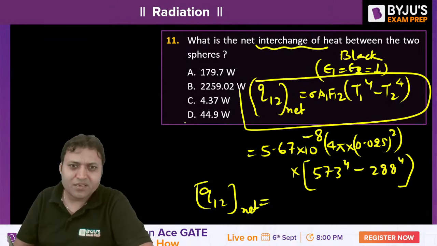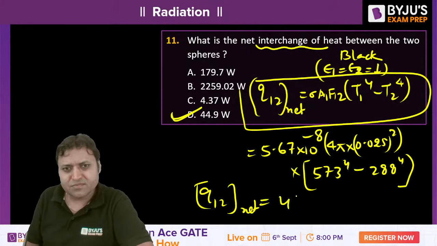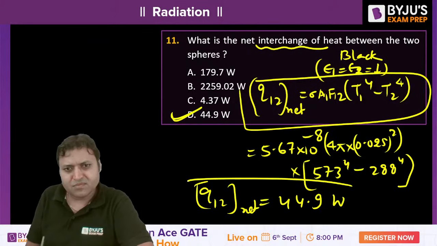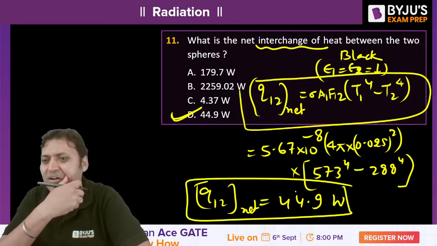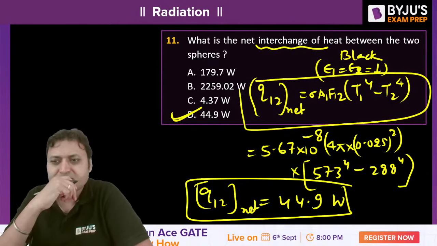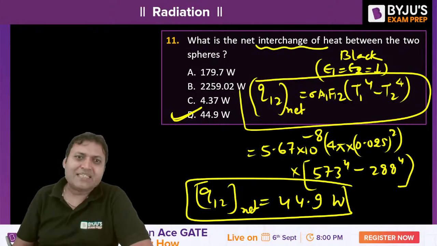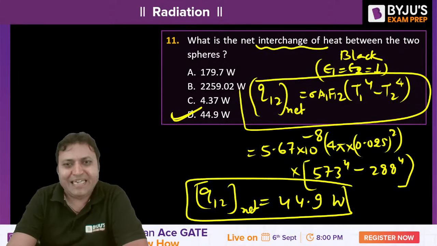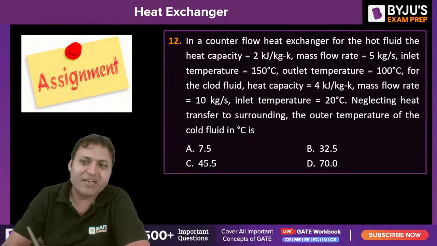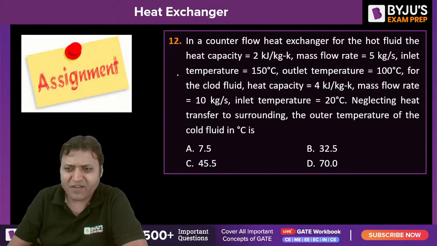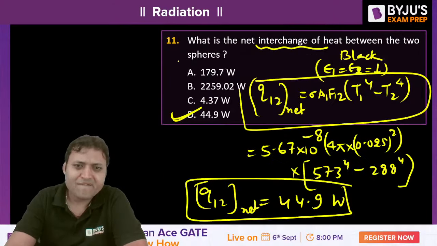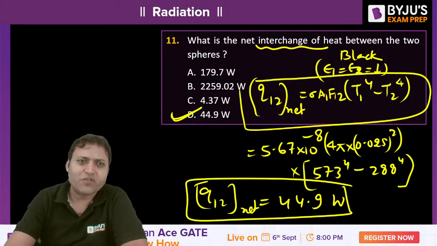Are you getting 44.9? Are you getting 44.9 or not? So the answer to question number 11 is D. It is close to 45.